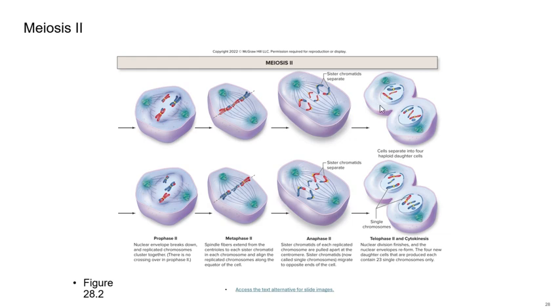The 23rd will be an X in all of them, or I guess technically just the one that's produced in oogenesis, and then in spermatogenesis for males, it will have either an X or a Y. And again, depending on which one of those sperm cells with an X or a Y fertilizes the oocyte with an X, you'll end up with a genetic male or genetic female.